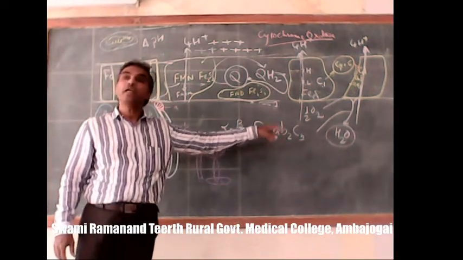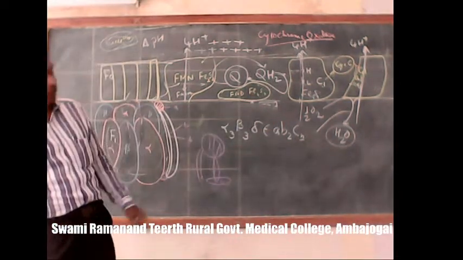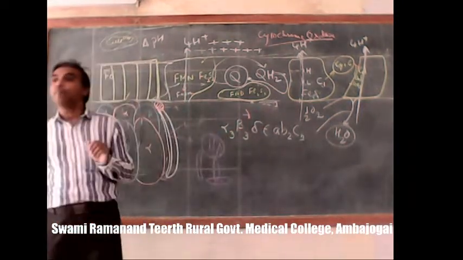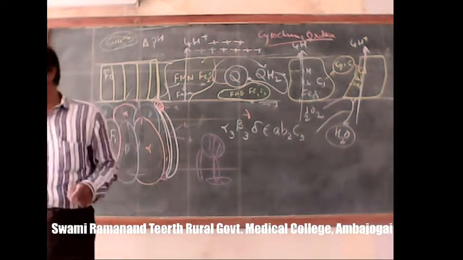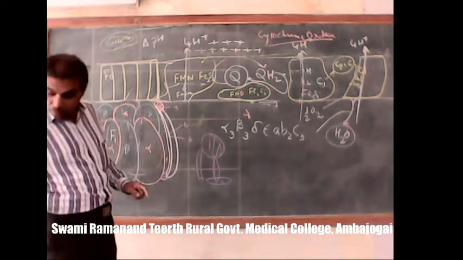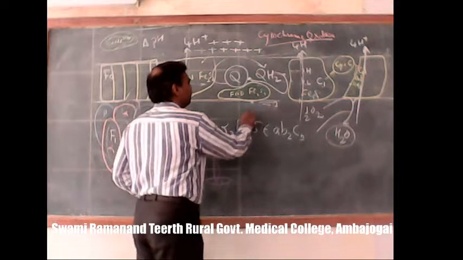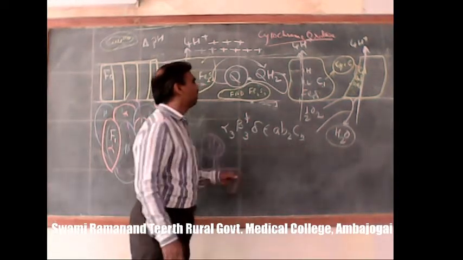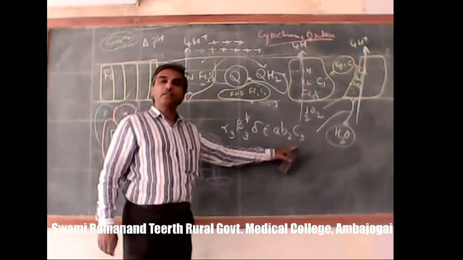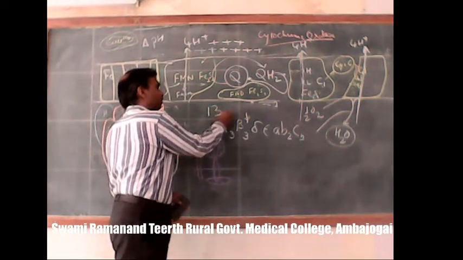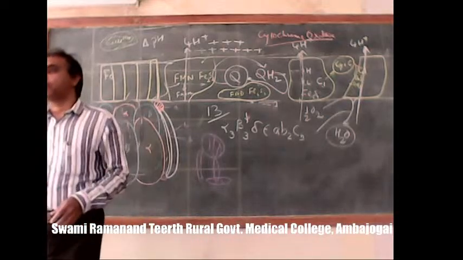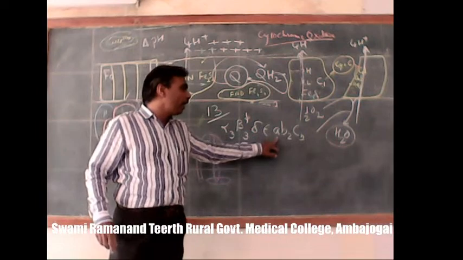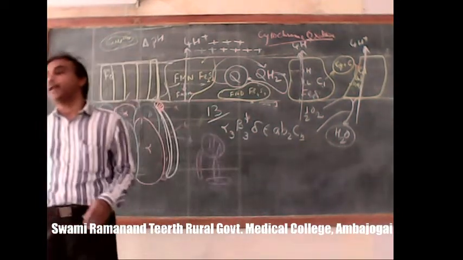So this particular ATP synthase is a unit which has 3 alpha, 3 beta, delta, epsilon, A, B, C, and the numbers are there. What remains over here is gamma. It is a bent axle. So actually you can write how many units it has: 3 alpha, 3 beta, gamma, delta, epsilon, A, B2 and C 9 to 12.